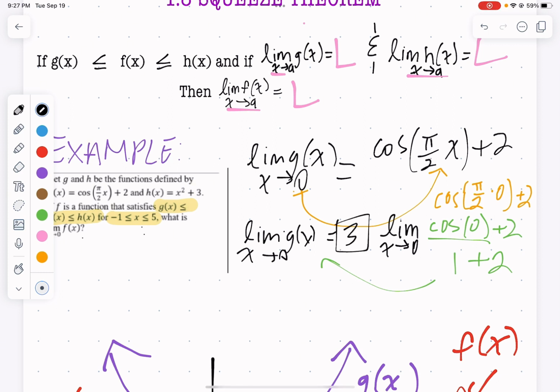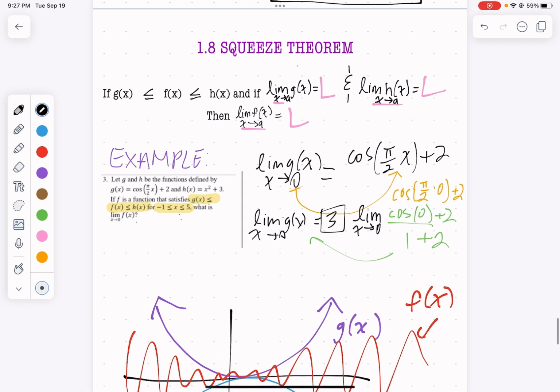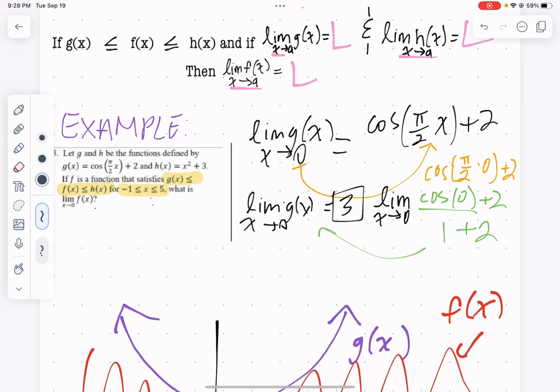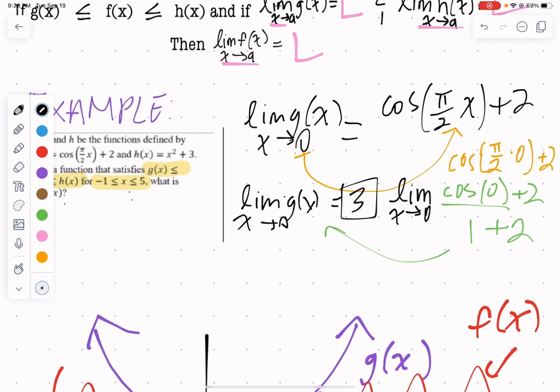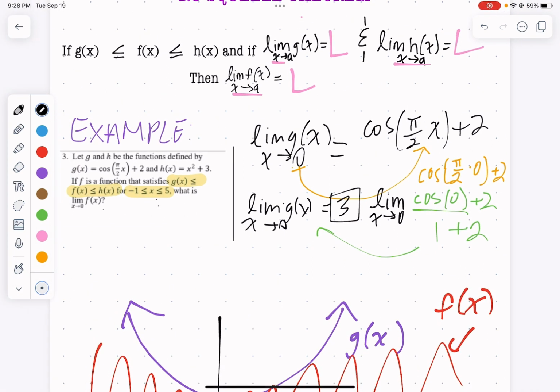Now we're going to do the exact same thing, but for h of x. So we take the limit as x approaches the same 0 of h of x, which is x squared plus 3.